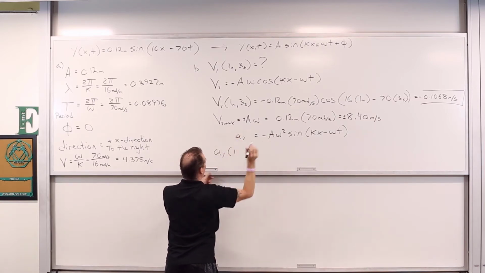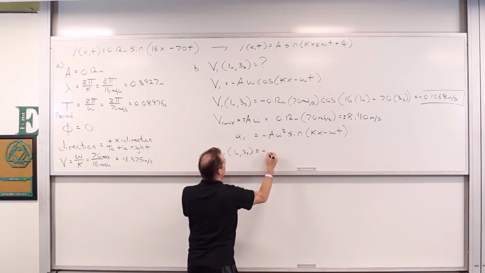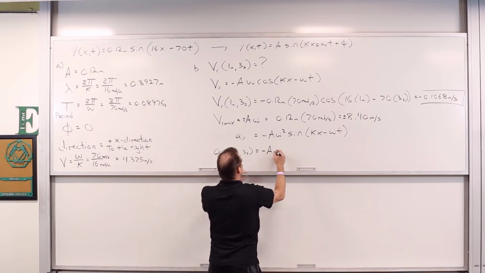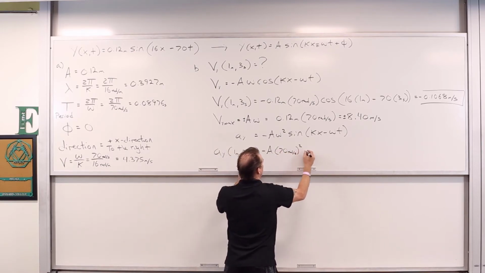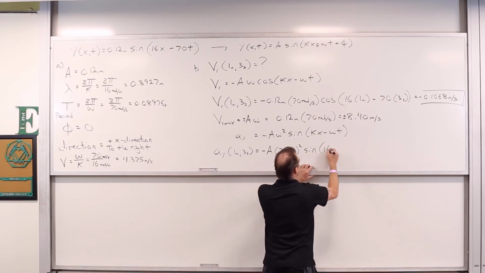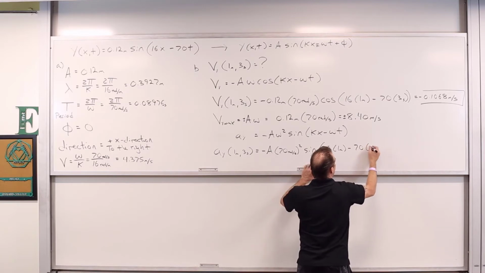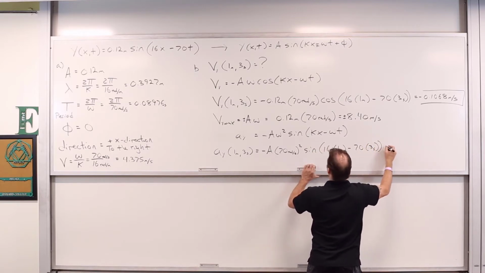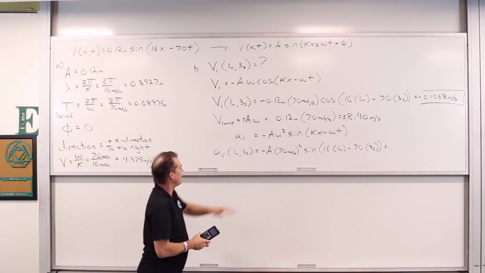That is just a sub y. Now we got a sub y of 1 meter, 3 seconds is equal to negative A times 70 radians per second quantity squared times the sine of 16 times 1 meter minus 70 times 3 seconds. Again, evaluate this out. This is 0.12.